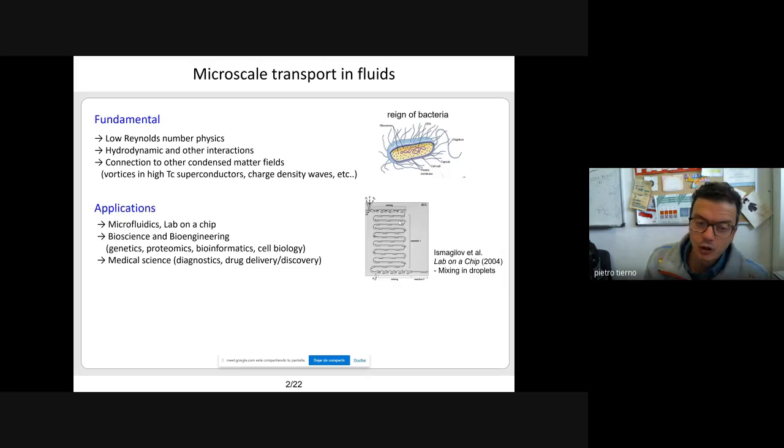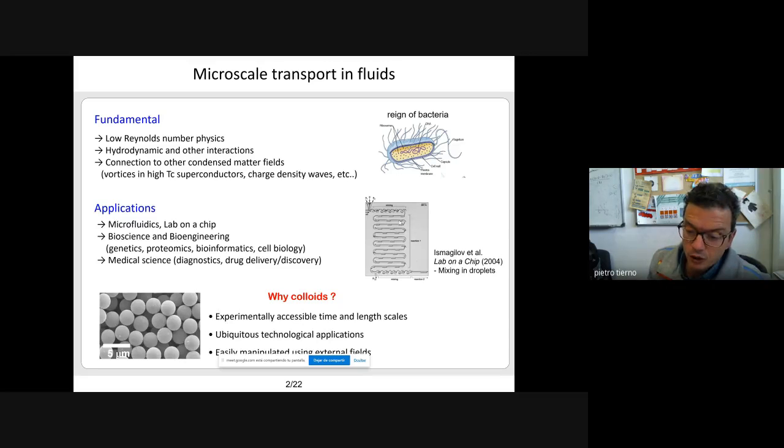Okay, so the question is, why use colloids to investigate transport in fluids? Colloids have important features. Experimentally, they have accessible time and length scales, so you can relatively easily investigate their dynamics and watch them.